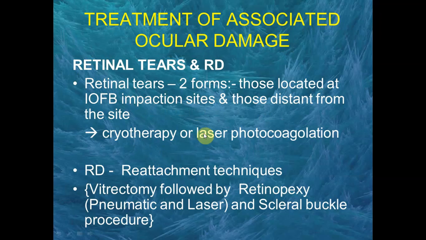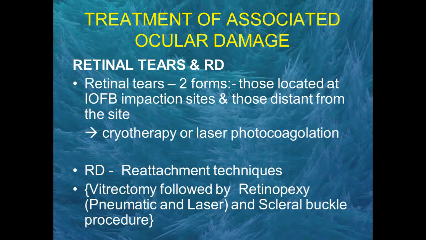We can do cryotherapy or laser photocoagulation along the margins of the tears so that the tears don't further enlarge and develop into a detachment. But if detachment has already occurred, then we have to do a reattachment technique to reattach the retina. So we do a vitrectomy followed by a retinopexy.